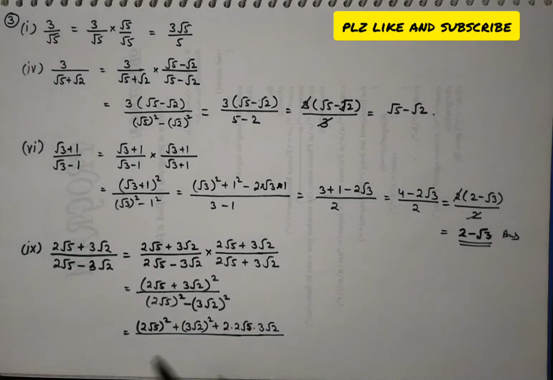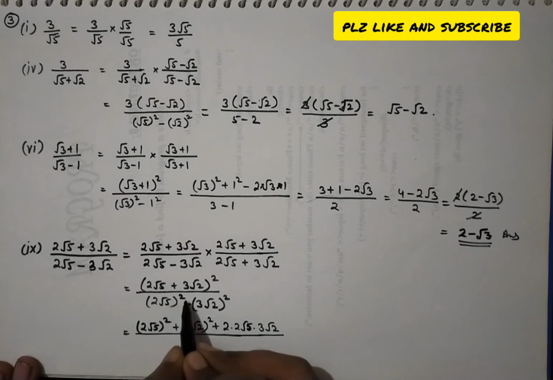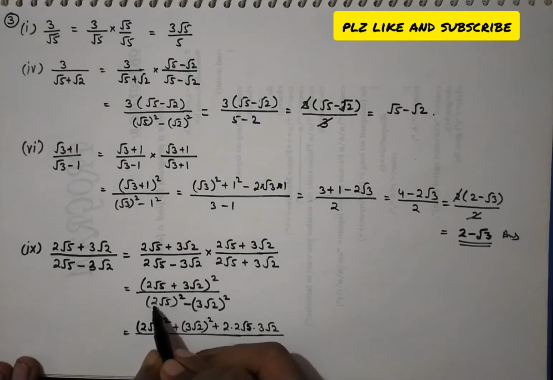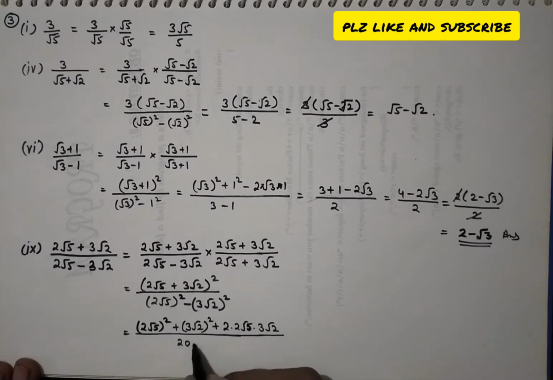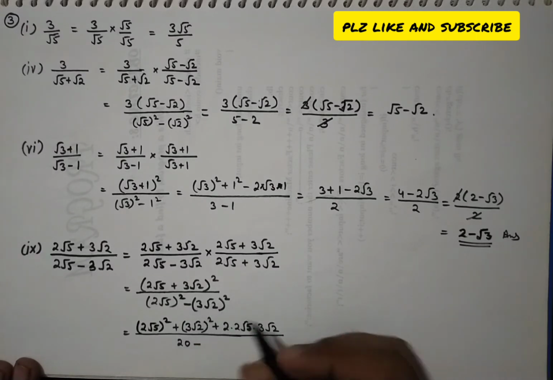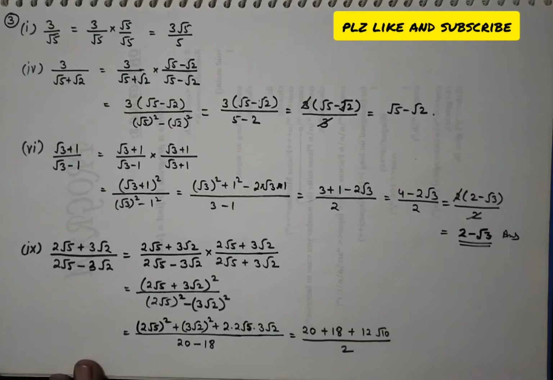Now here we have (2 root 5) to the whole square. This means the square of 2 will be multiplied by the square of root 5. The square of 2 is 4 and the square of root 5 is 5. So 4 into 5 is 20, minus 3 square 9 and root 2 squared, that is 2. So 9 2s are 18. And similarly in the numerator, now we are going to add these two and this will become (38 plus 12 root 10) by 2.